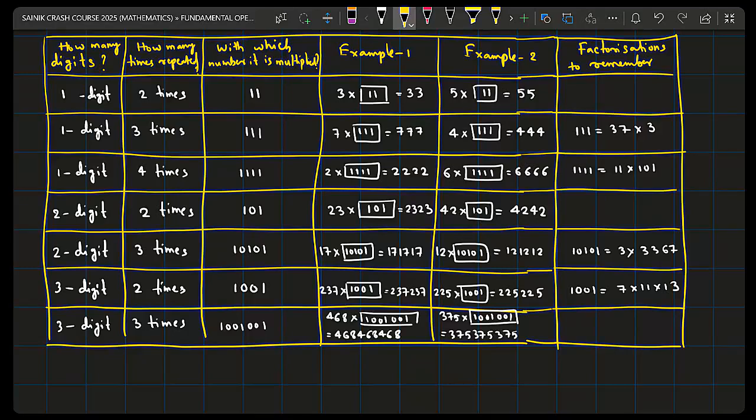A 3-digit number, if you want to repeat it 4 times, we should multiply by which number? Based on the previous pattern, you understood, no? 1001001001. Yes, Mayuk? You understood?